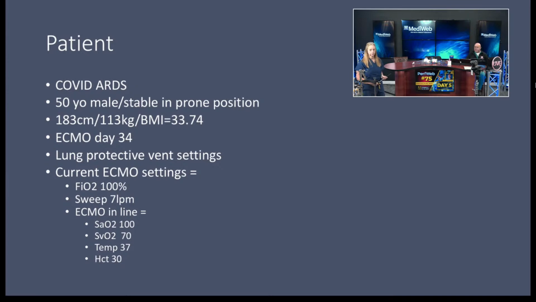This is ECMO day 34, and things are actually starting to look a little bit better. The oxygenator settings are current FiO2 of 100%, sweep is 7 liters. The SVO2 is running at 70, and the temp is 37 with a hematocrit of 30%.